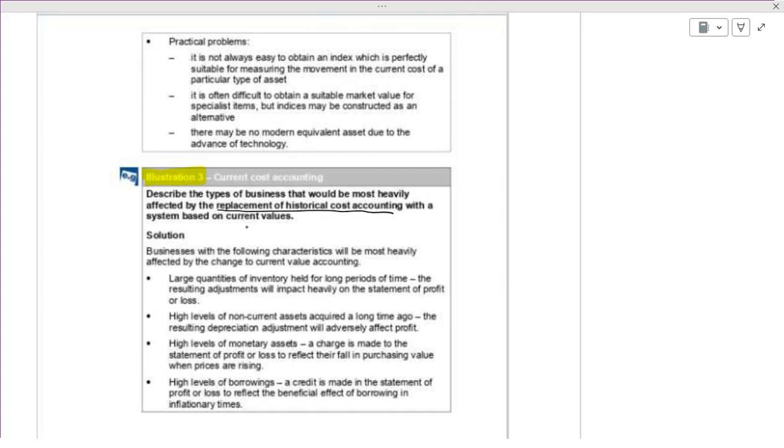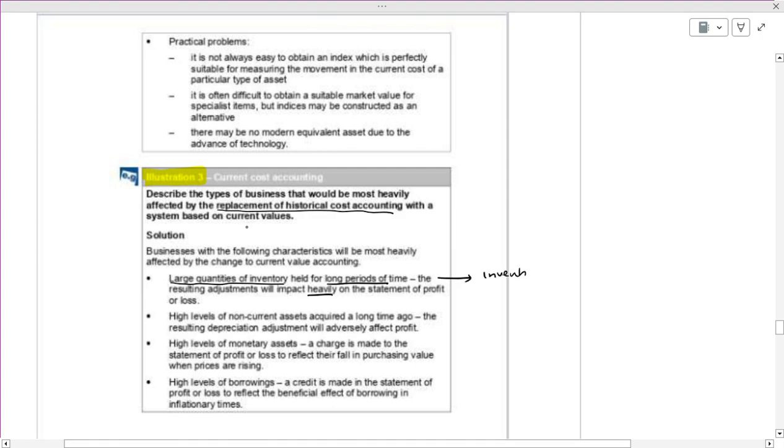If you are having a large quantity of inventory for a long period of time, definitely the resulting adjustment will have a heavy impact. Over a long period, the inventory value will always increase in future.